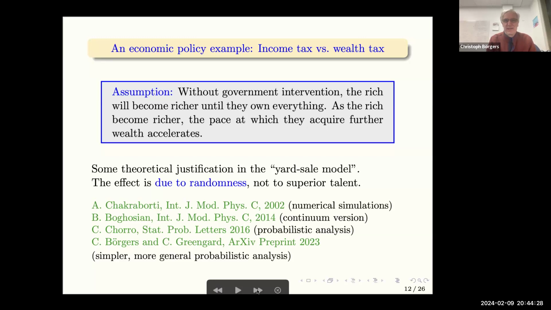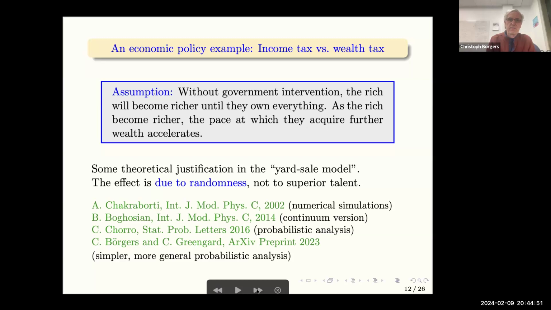You have a number N of independent agents. They are completely identical. They trade. And the assumption is that what happens in a trade is that someone makes a slight mistake and overpays for their car or underpays for the house that they buy. And therefore, wealth changes hands from one agent to the other.